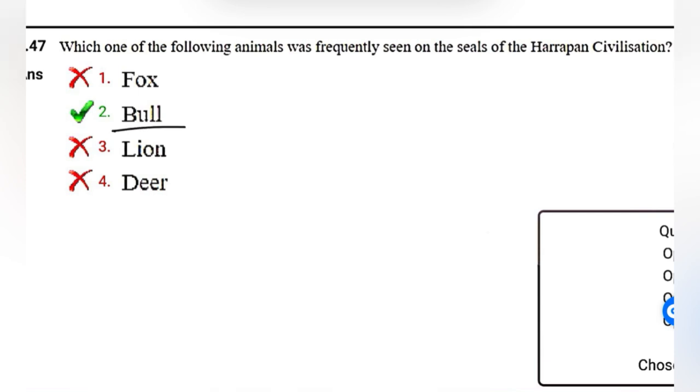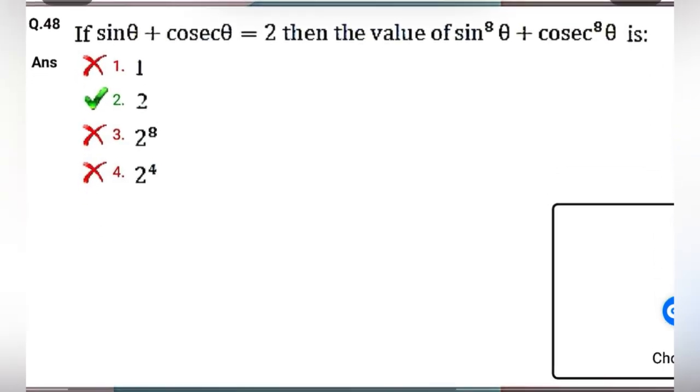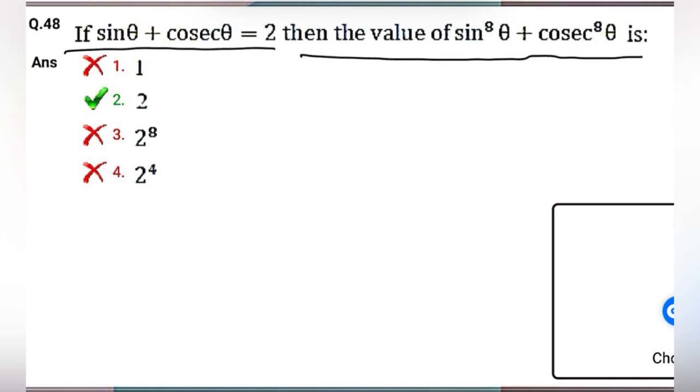Bull is frequently seen on seals of Harappan civilization. If sin theta plus cosecant theta is equal to 2, then the value of sin power 8 theta plus cosecant power 8 theta is. Let sin theta be equal to x, which implies cosecant theta is equal to 1 by x.